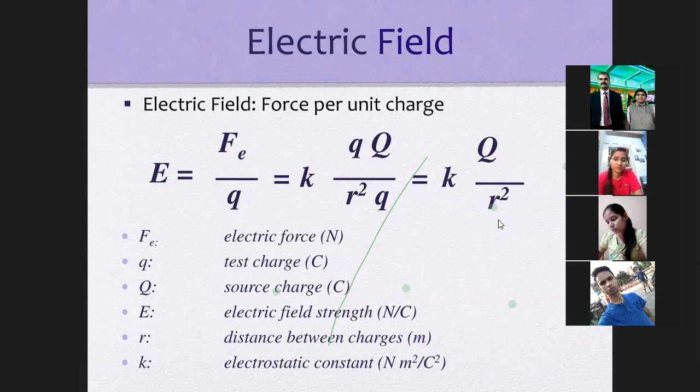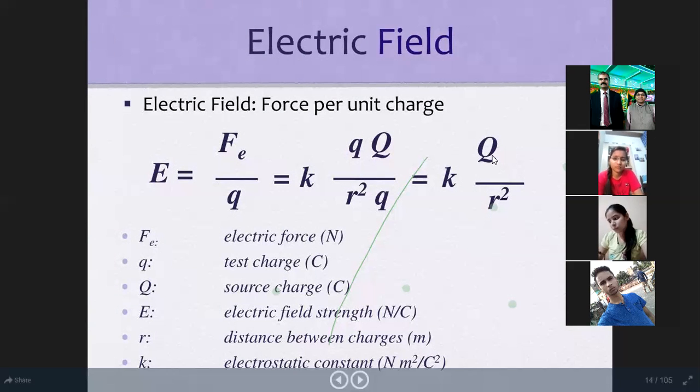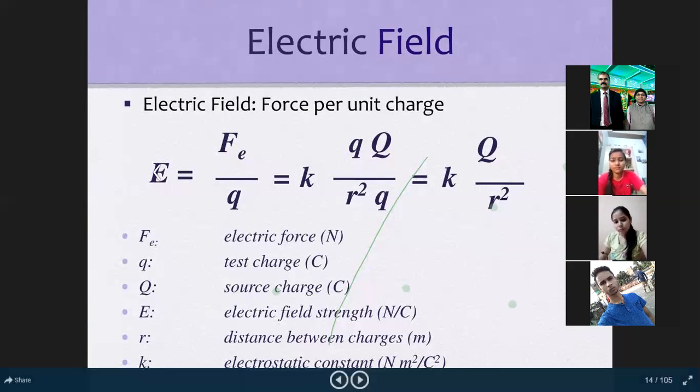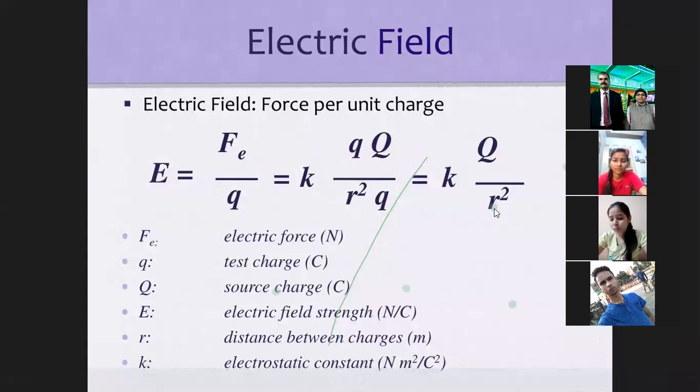This is the difference. In this case, the more the source charge, the more will be the electric field. As distance R increases, electric field goes on decreasing as the inverse of the square of distance. And electric field will be zero at infinity. Where R is infinity, electric field becomes zero.